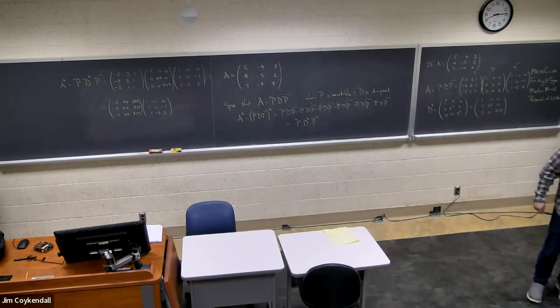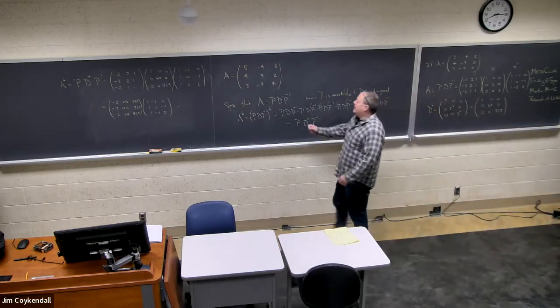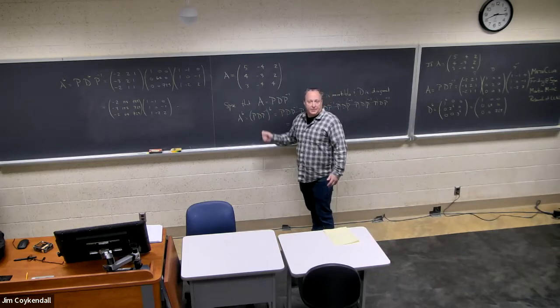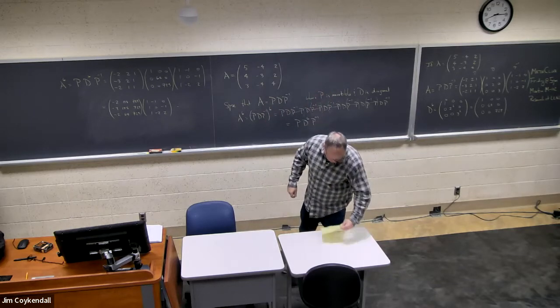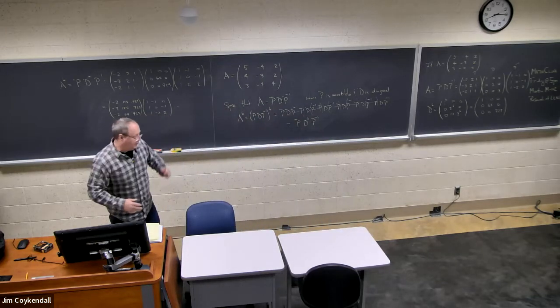Okay. What made this computation work really nicely was the fact that A could be conjugated from a diagonal matrix. Right? So, without further ado, let me give you the definition, the theme for today.